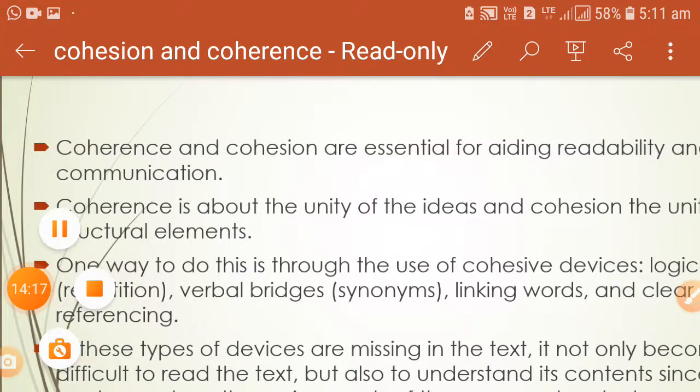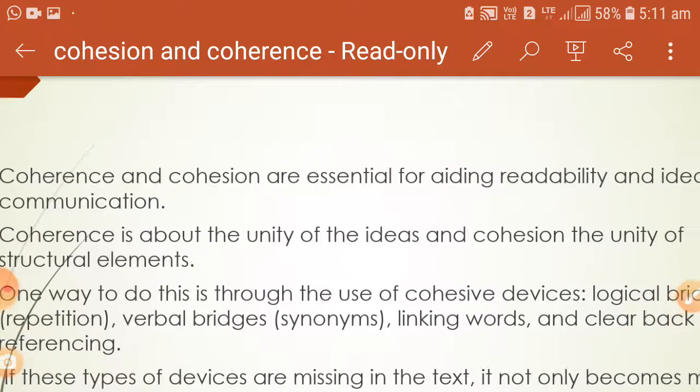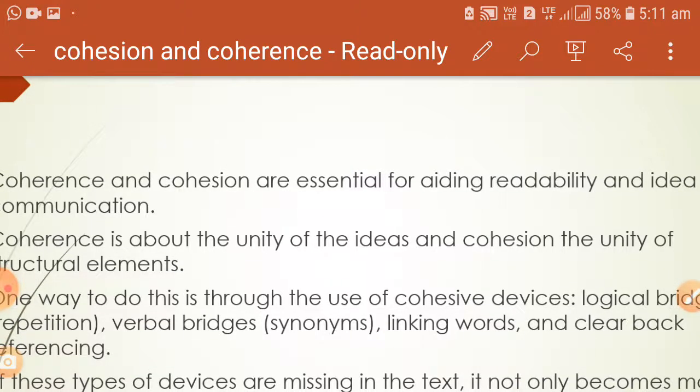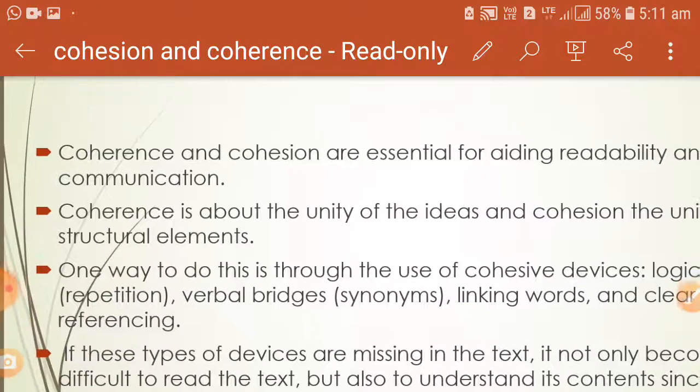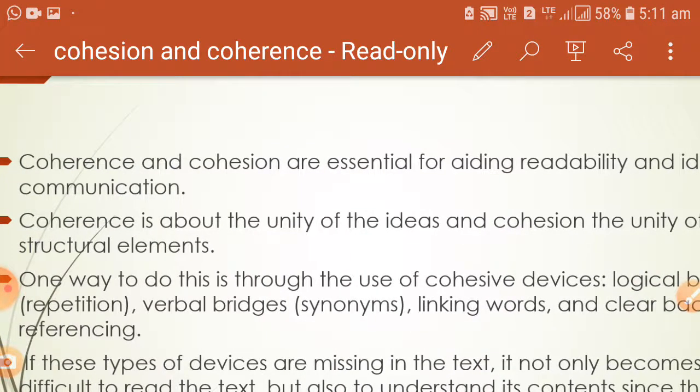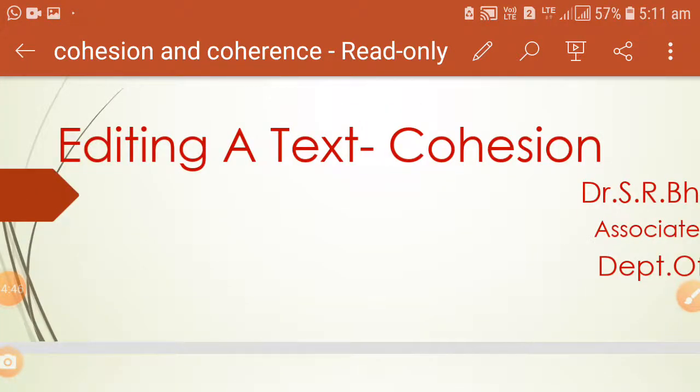The concepts of coherence and cohesion have been successfully covered, showing that they add readability and help communicate ideas, and how the unity of ideas and sentence structures can be emphasized. So the topic of today, editing a text, emphasizing cohesion and coherence, has been discussed successfully.